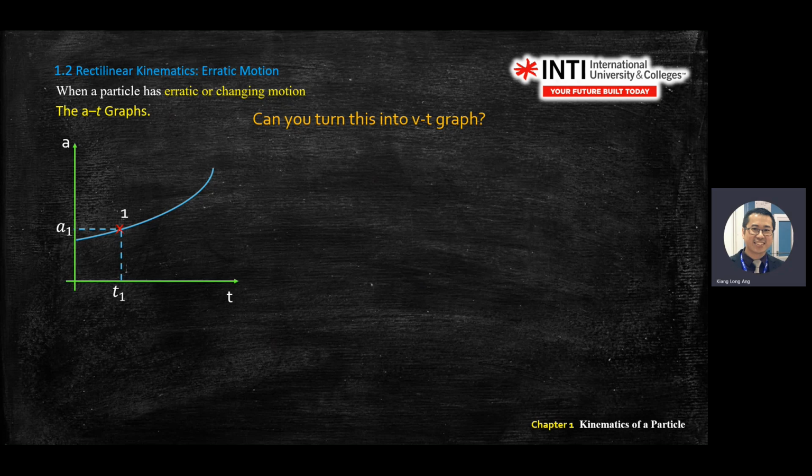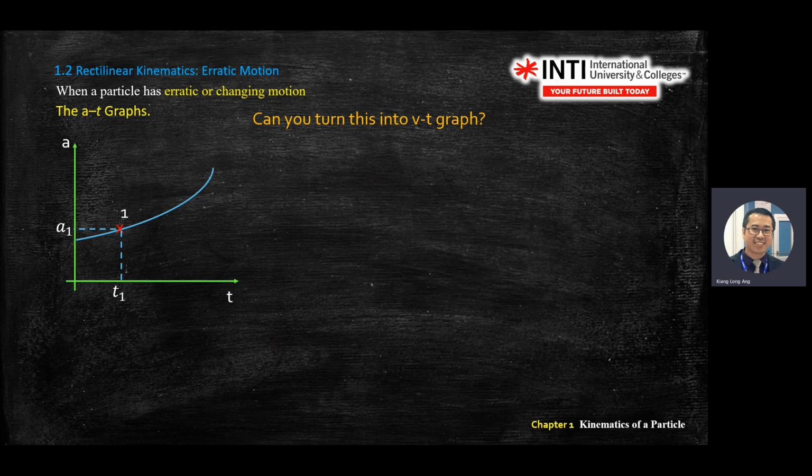How do we get V? We transform using integration. A equal to dV over dt, so A dt equals dV. You integrate, and you get V.